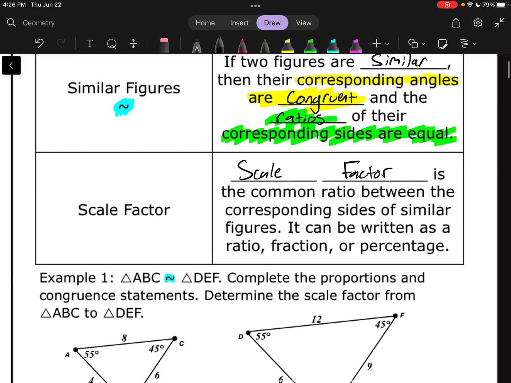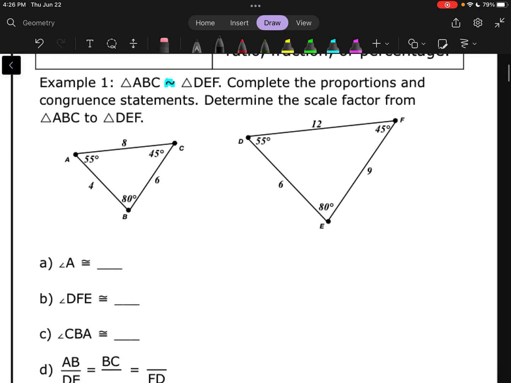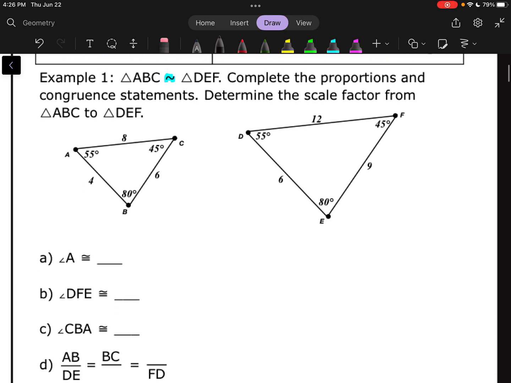So let's think about that first thing first. Corresponding angles are congruent. So on A here, it says angle A is congruent to what? Well, angle A is the first letter in the similarity statement, which means it should match up to angle D. Angle A is congruent to angle D.